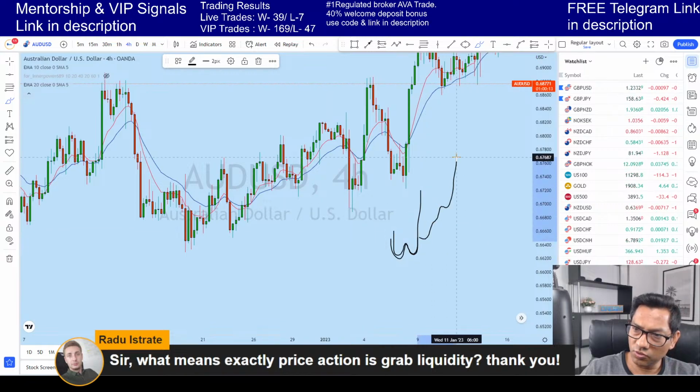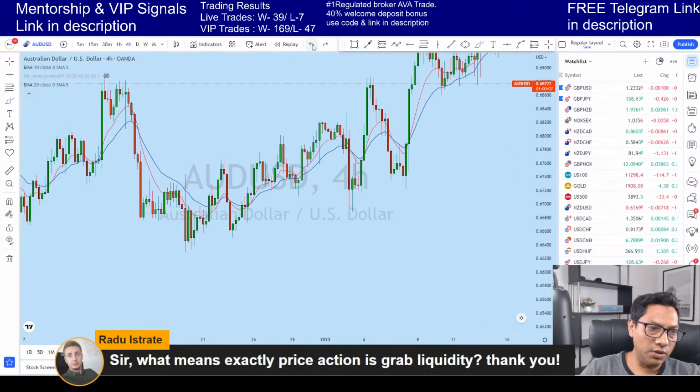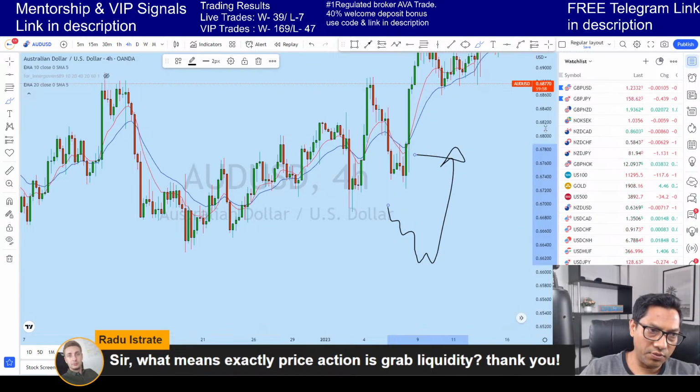Okay, this is what you mean. So you mean that when the price is in a downtrend, it creates a double bottom and then turns into an uptrend. So this is what you mean. I understand.